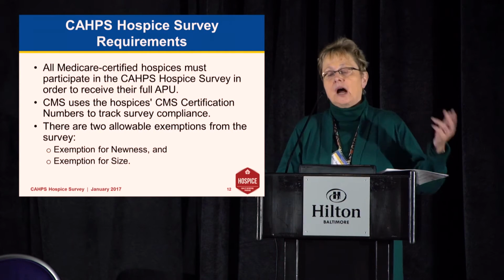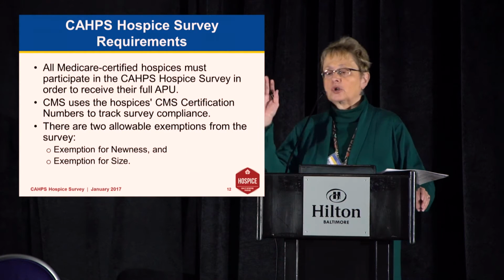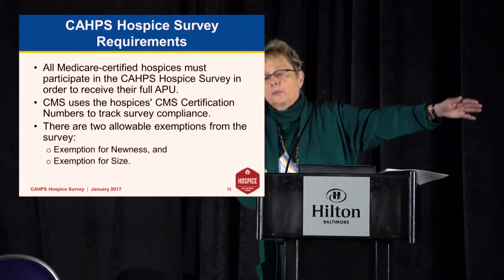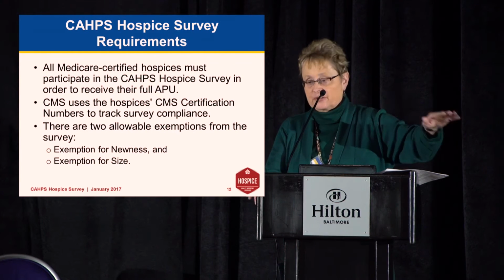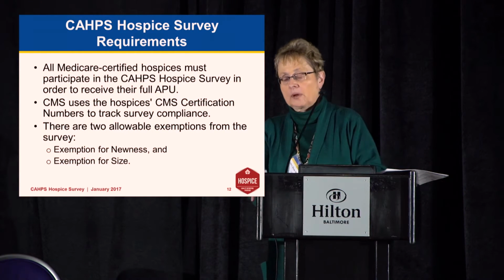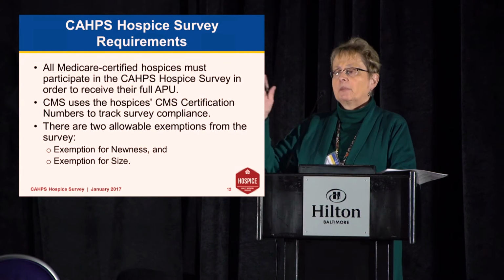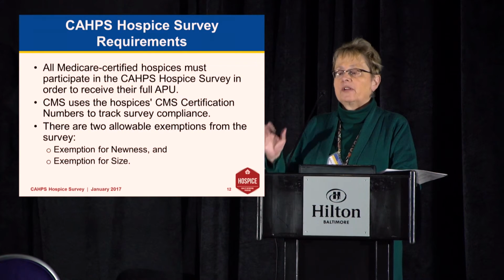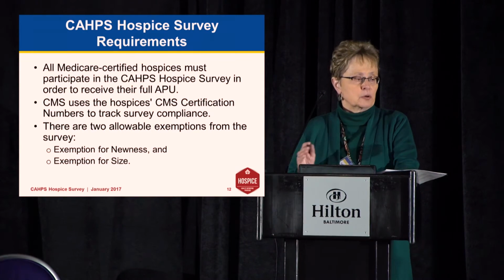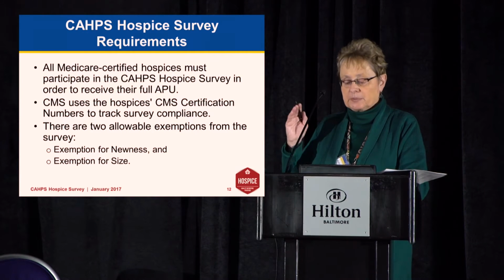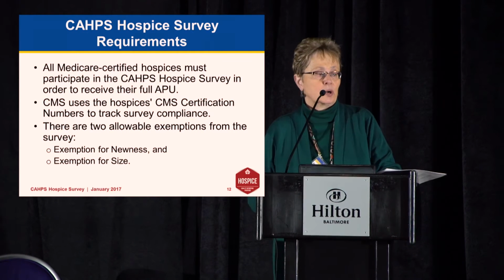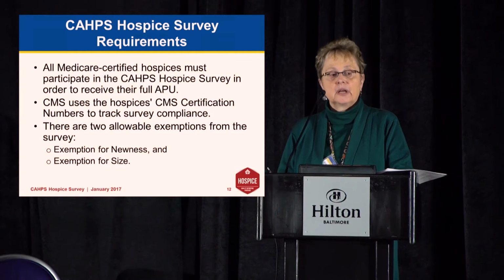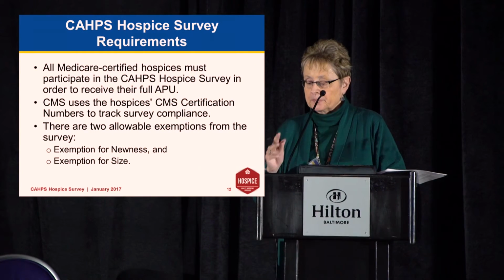If you give us the wrong provider number, you don't get credit for the data, and you end up with a reduction. It's a mess. Be very careful. We haven't had this problem much with hospice, but with other CAHPS surveys, we've had problems where the wrong provider number is submitted. Please be very careful to make sure that your provider number is correct when you send it.